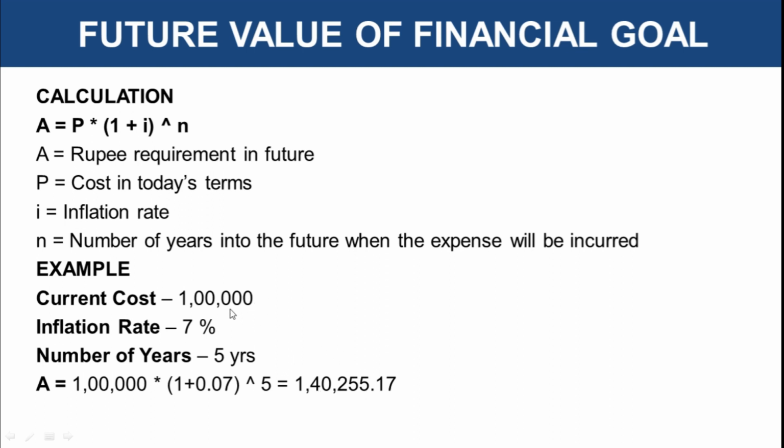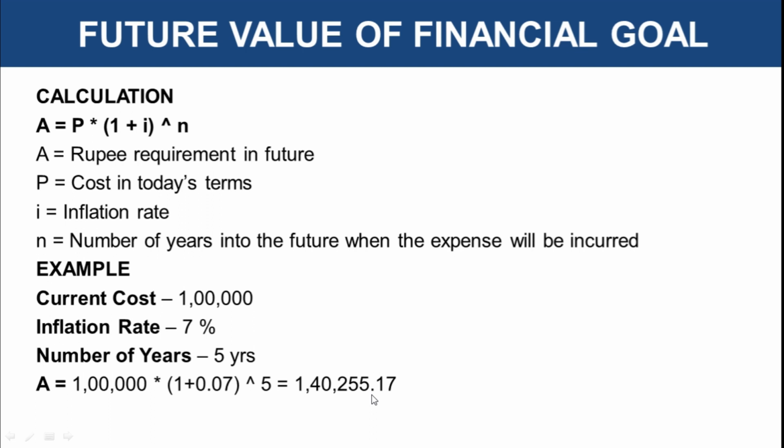So you see there is a difference. At present the value was 1 lakh rupees, but after 5 years, considering only the inflation rate, if we go to purchase the same commodity or avail the same service, we would be paying an extra 40,255 rupees. This is what you need to consider, and this is what we call future value. So A that we calculated is actually the future value, and the future value is what exactly you have to plan for.